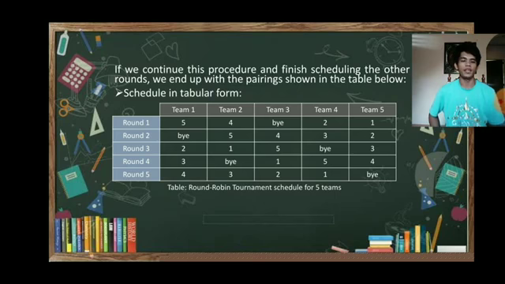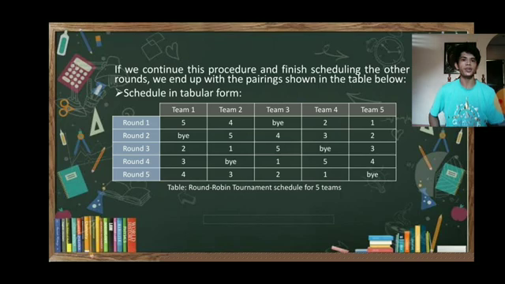Team 3 paired with dummy team. Team 4 with team 2. And team 5 paired with team 1. And if we continue the process to round 5, the table represents the result of it.